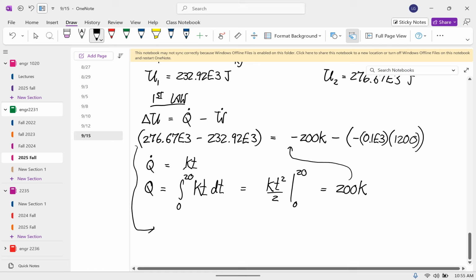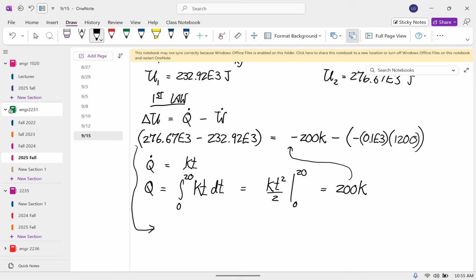Okay, so sorry, I'm running over, but we have 43.75 times 10 to the third is equal to negative 200 times this constant k plus 120,000.